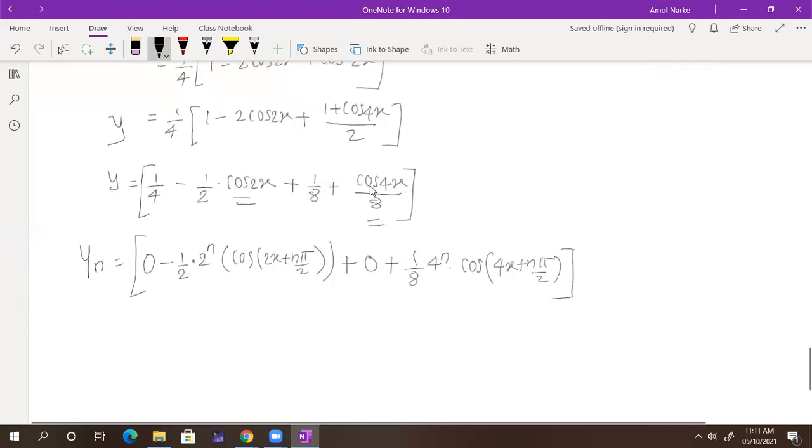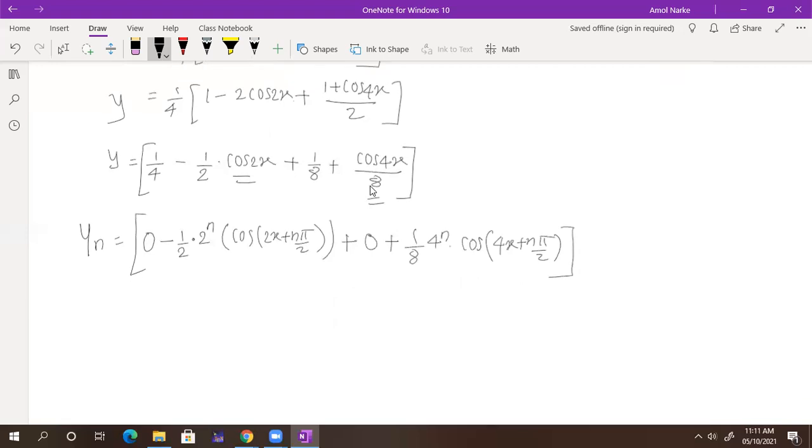Now you can simplify the things, so that 2 raised to n comes here. So your yn is nothing but 2 raised to n minus 1 cos of 2x plus n pi by 2. This becomes that 8 comes here, so 4 raised to n minus 1 divided by 2 into cos of 4x plus n pi by 2.